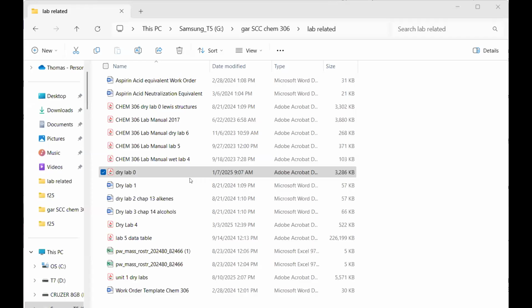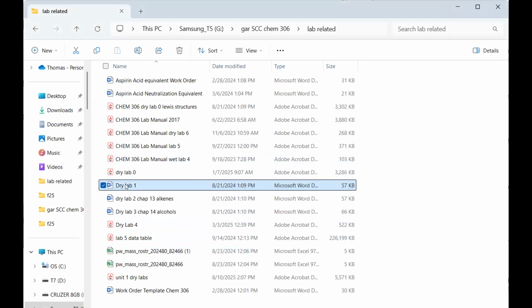If you open up Lab 1, and it looks like this. No, that's not it.